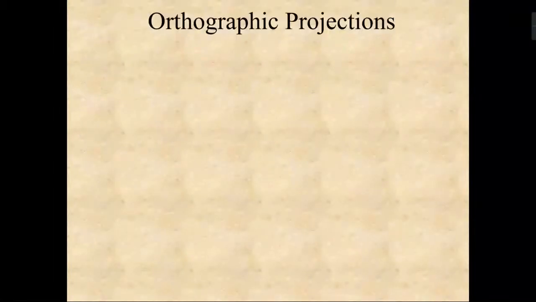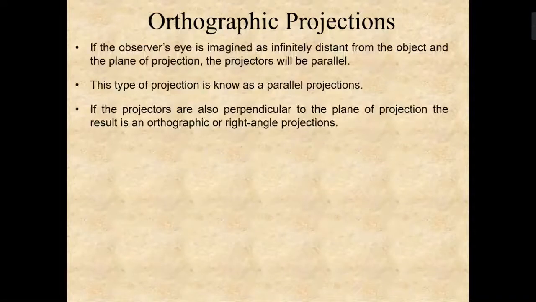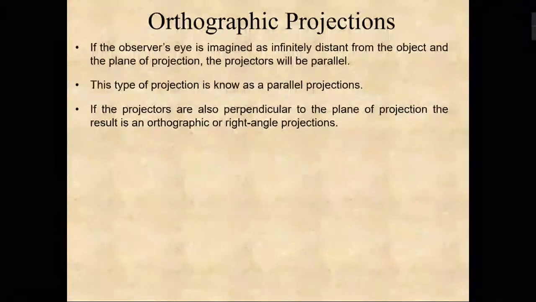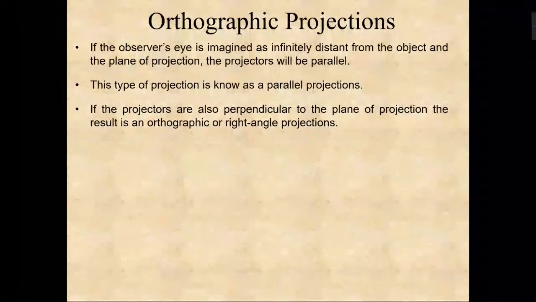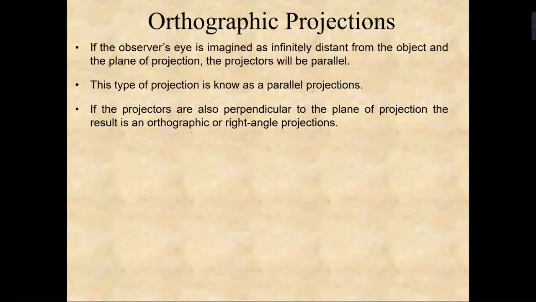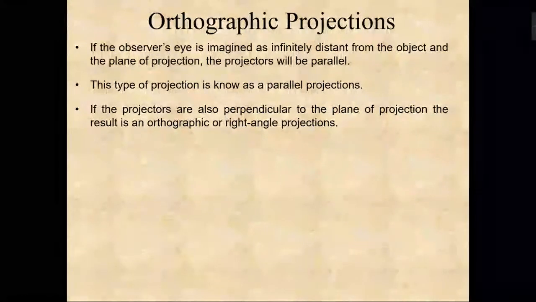So the first one is the orthographic projection. If the observer's eye is at an infinite distance from the object and the plane of projection, then projectors will be parallel.